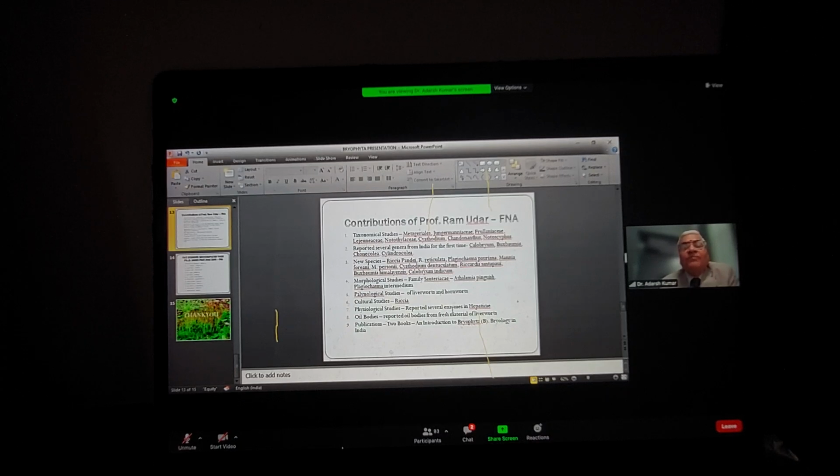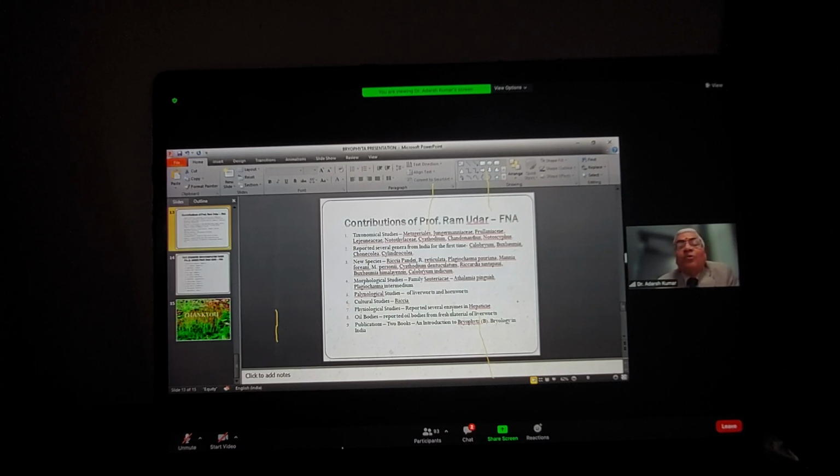I have mentioned some: Riccia pandei, Riccia reticulata, Plagiochasma, Porella, Mannia, Cyathodium denticulatum, Riccardia santapaui, Buxbaumia himalayensis, and Calobryum indicum. He completed several morphological studies, such as in family Targioniaceae.